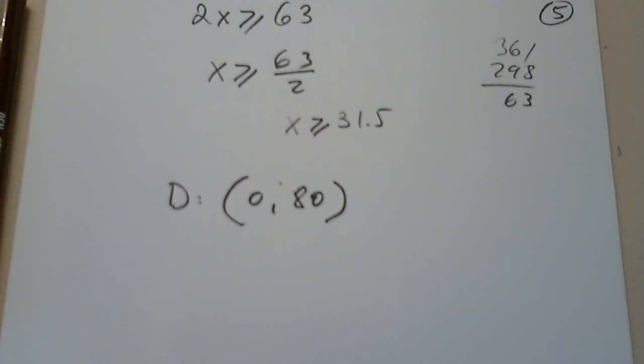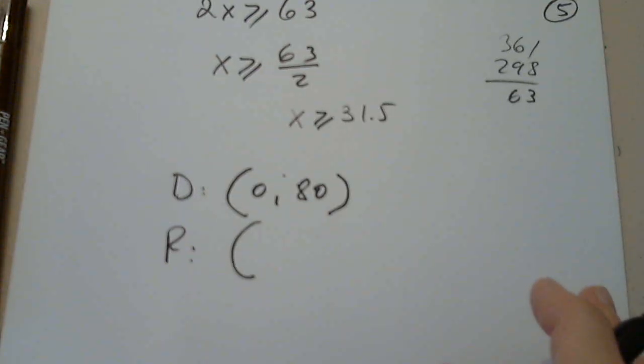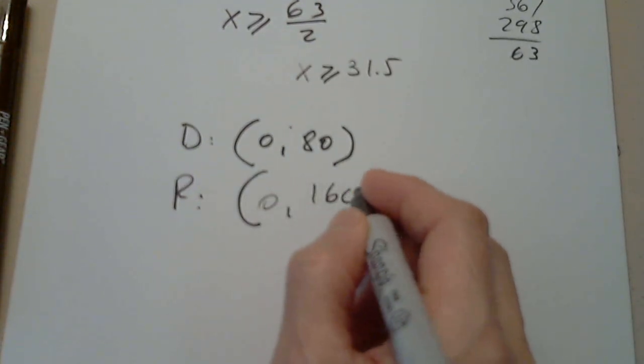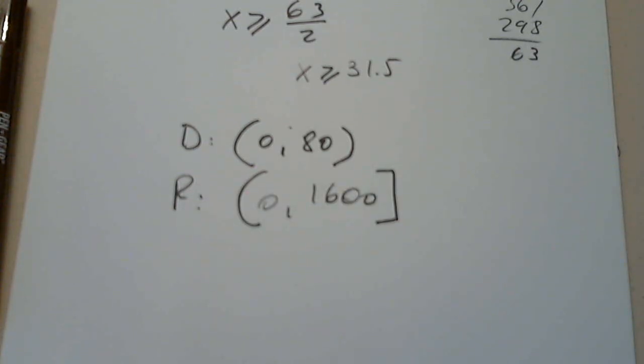Then the range. Again, because these 2 points are not included, I cannot include the 0 with a bracket. And I'll go all the way to 1600. So when I write the range for this function, I have to write parentheses for 0. But at 1600, the point exists. It's not an open point.